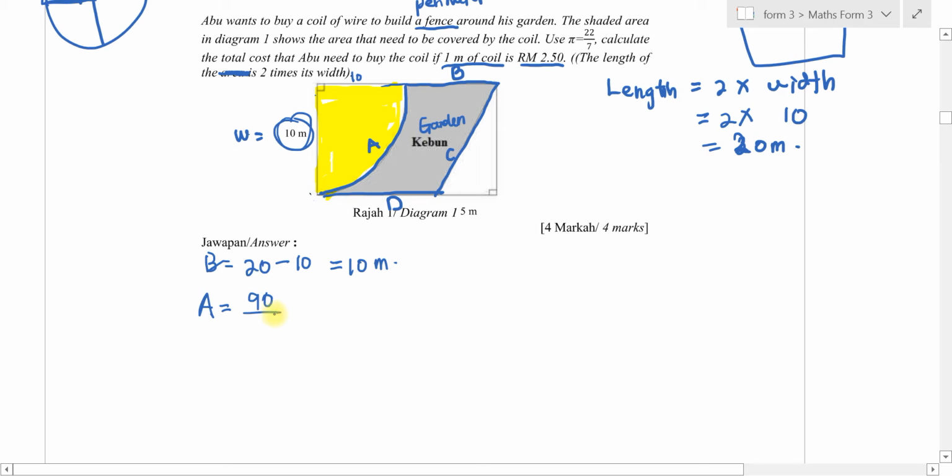So it's 90 over 360, or you can straight away put 1 over 4 times 2 pi r, because we are calculating the length. 2 times 22 over 7 times the radius, which is 10.